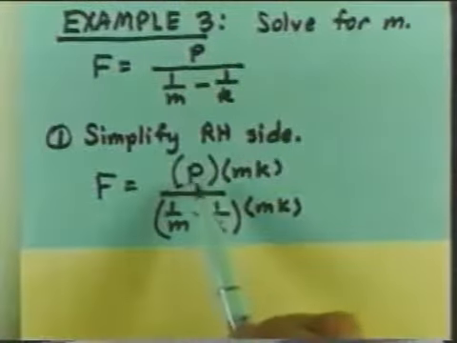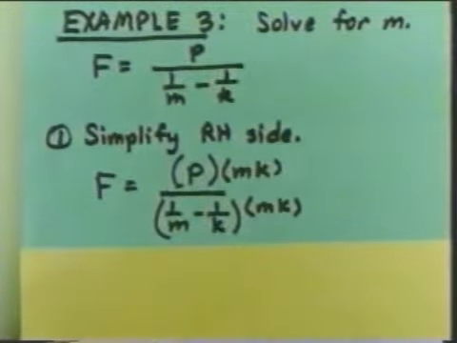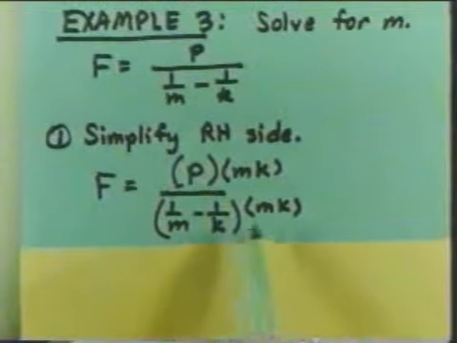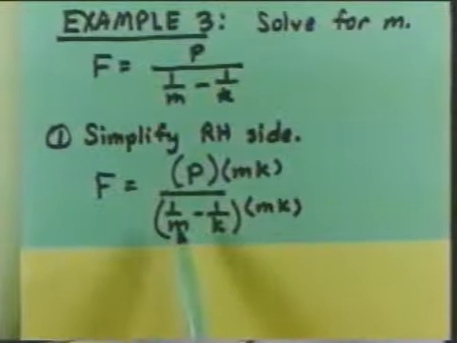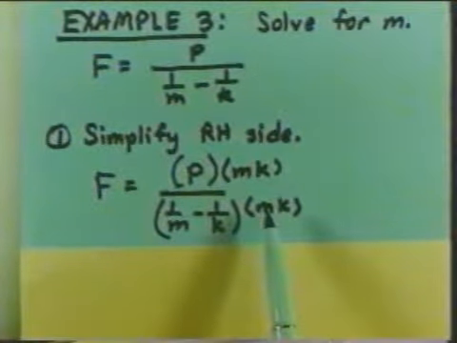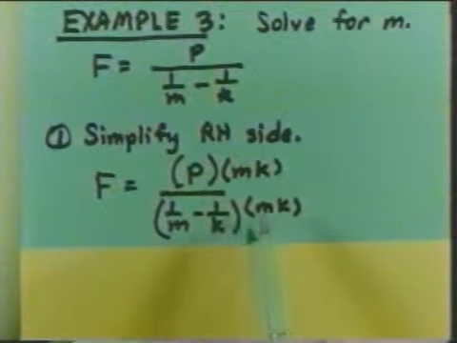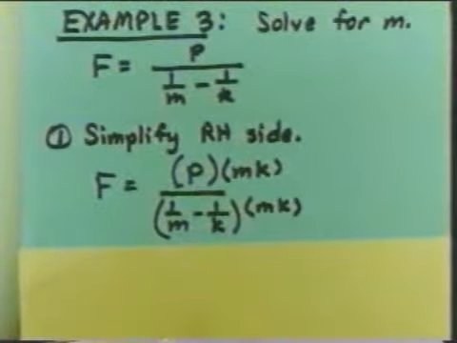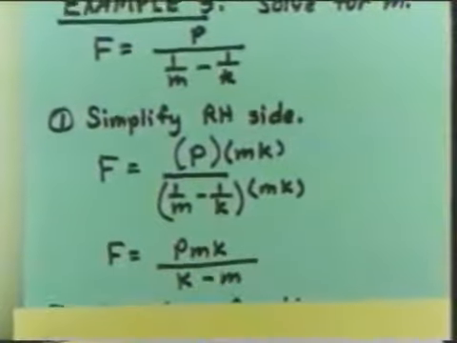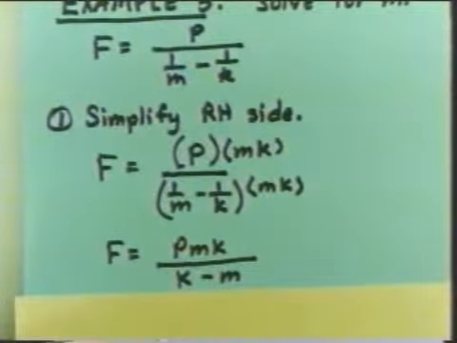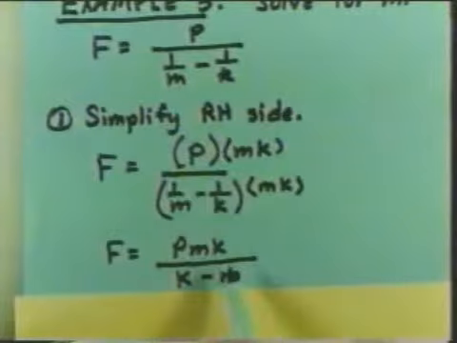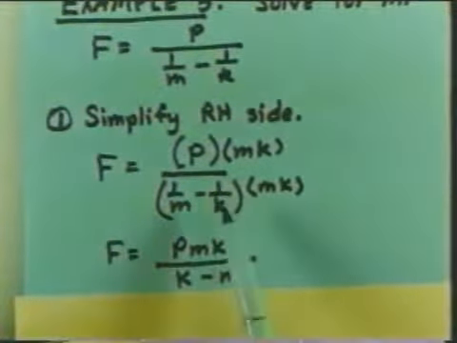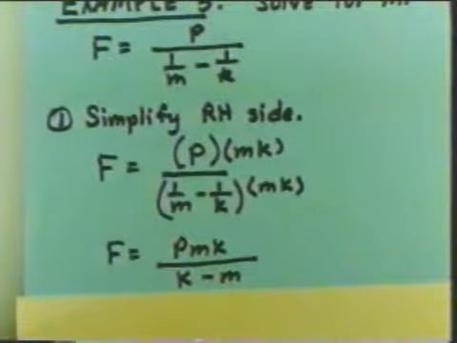The numerator gives us pmk. The denominator gives us 1 over m times mk and 1 over k times mk. Now 1 over m times mk will give us k. 1 over k times mk will give us m. So our equation becomes f is equal to pmk over, remember this multiplied to give us k, and the second one multiplied to give us m.